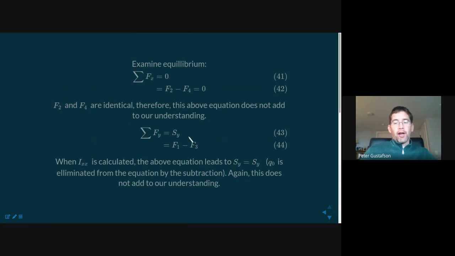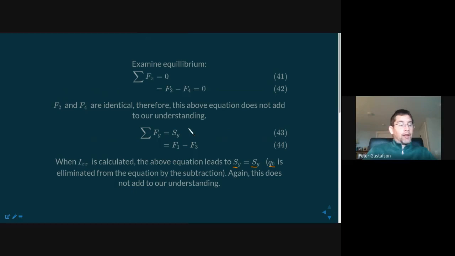So this equation just simply becomes Sy is equal to Sy. And that doesn't help us terribly much. Q0, by the way, gets canceled in that calculation. So once again, we probably haven't made a mistake yet, but we still have no clue what Q0 is. So we don't know what the shear flows are yet.